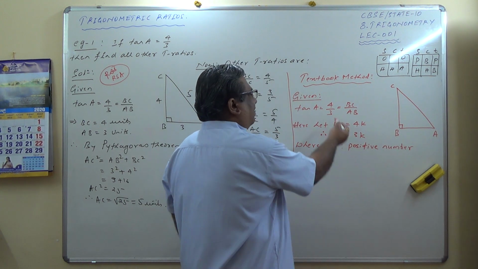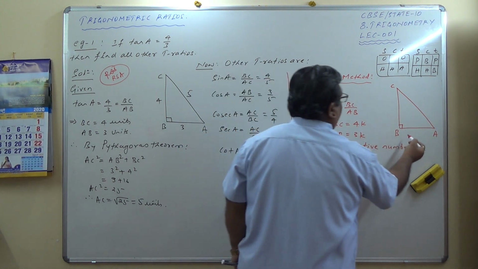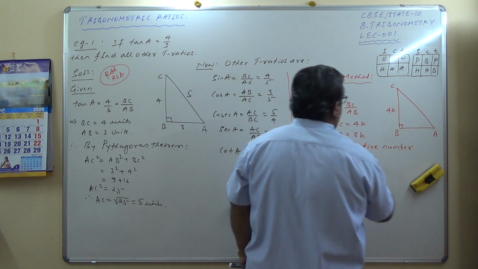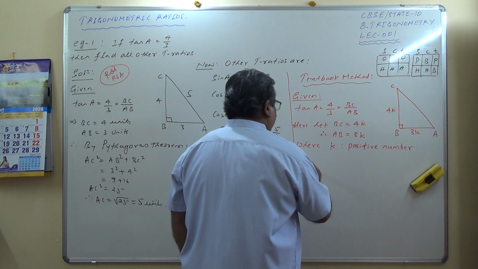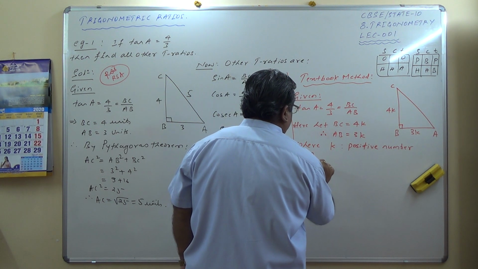And therefore, let me mark these things. BC is 4K here, and AB is 3K. Let me find out AC by Pythagoras theorem.